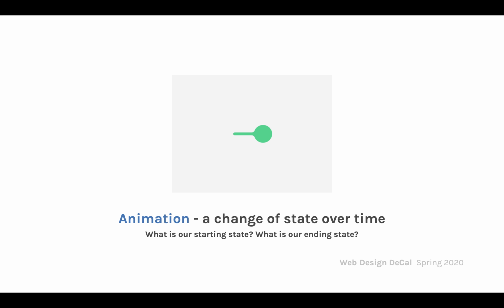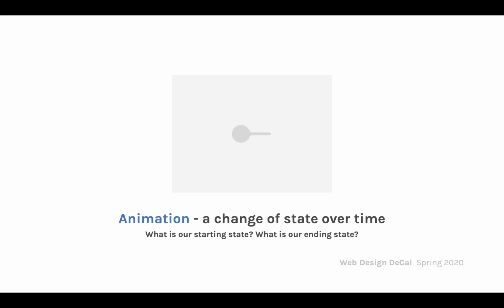Animations, by definition, are a change of state over time, which means we have to consider different stages of it. When does it start? What is our starting state? And what is our ending state? Pretty self-explanatory. If you take a look at this image, we have this button, like you've probably seen on iPhones and Androids. When you click this button, it plays an animation.